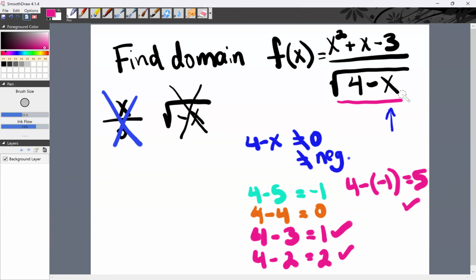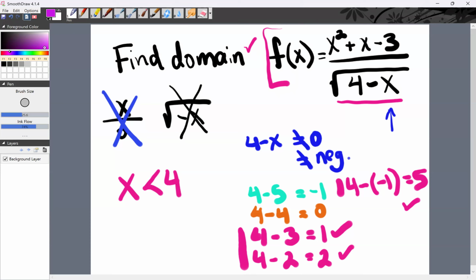So now we see that we want values of x that are less than 4. Okay? Because as soon as we plugged in numbers less than 4 for x, we started getting valid results for this function. Okay? So x must be less than 4.